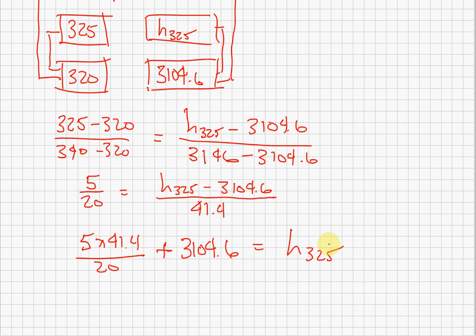I skipped a couple steps there, but hopefully you've seen them often enough now. And that gives me 10.35 plus 3104.6 equals 3114.95 equals H325.